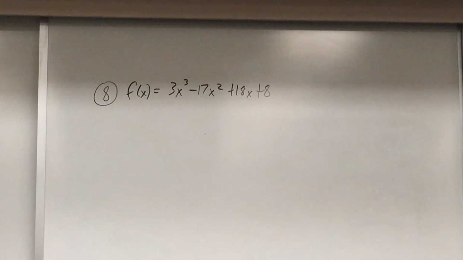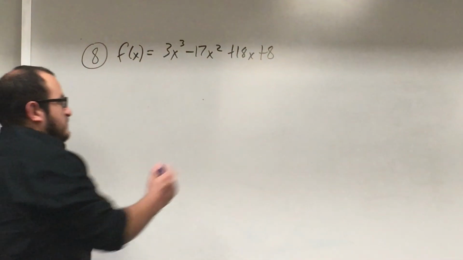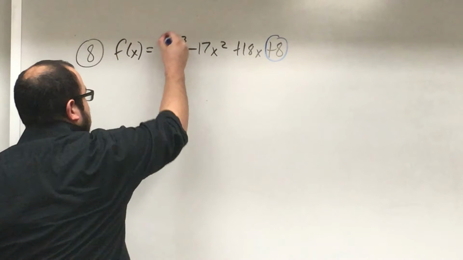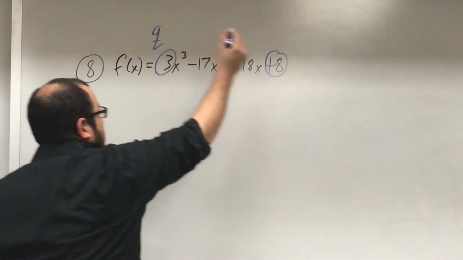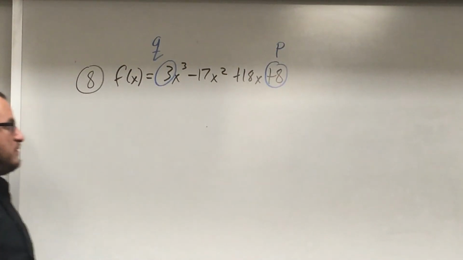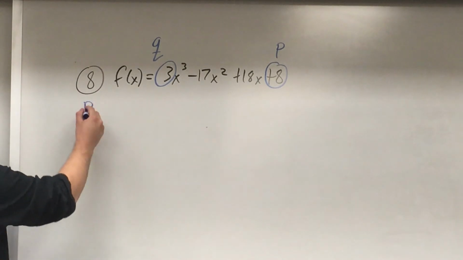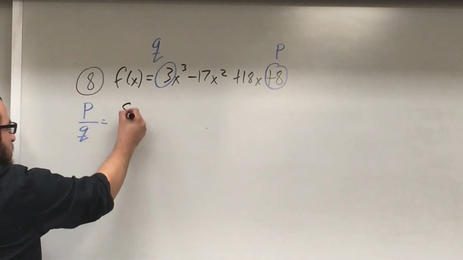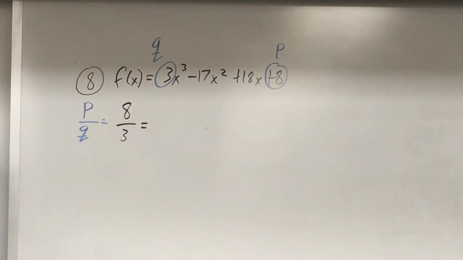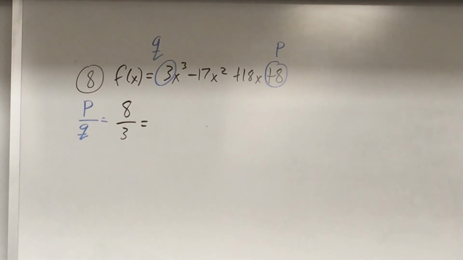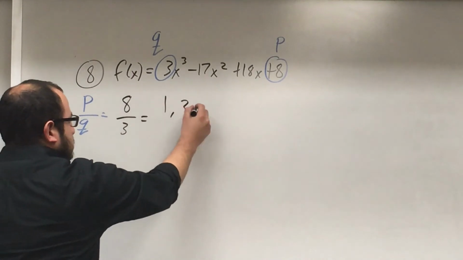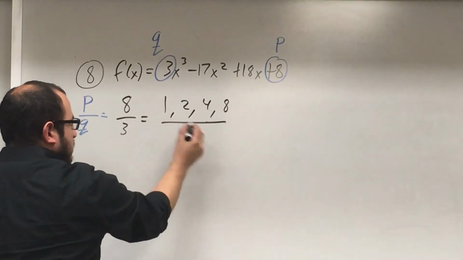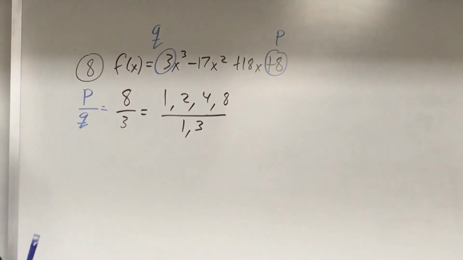All right, so first step, you want to list out your possible P and Q. Okay, so we have P over Q, which gives me 8 over 3. So you want to list out all the possible answers for 8, which are 1, 2, 4, and 8. And for 3 is 1 and 3.